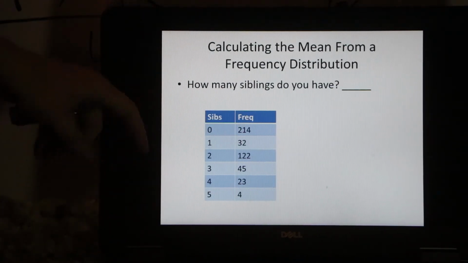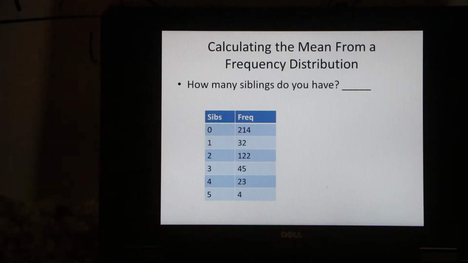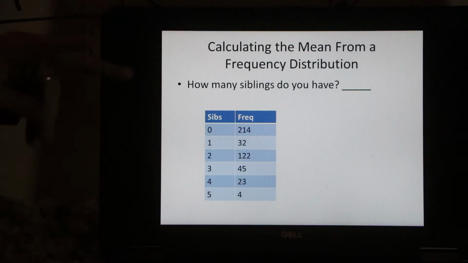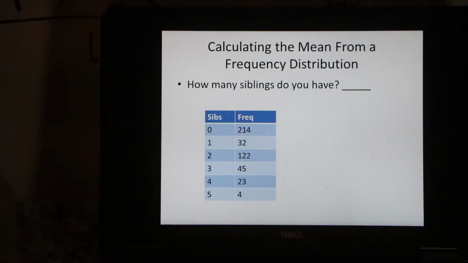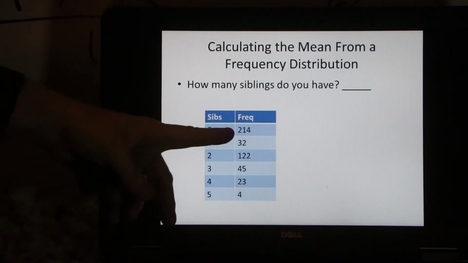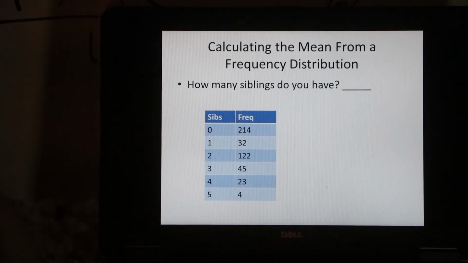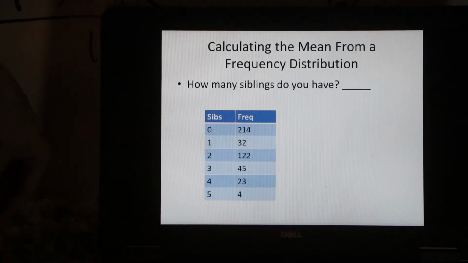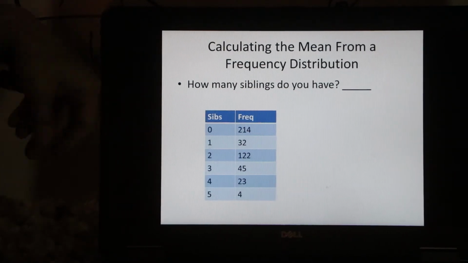This tells us that out of the total number of people, 214 who we surveyed, let's say, had no siblings at all. 32 people had 1, 122 had 2, 45 had 3, 23 had 4, 4 people had 5. You should be asking yourself, what's the modal number of siblings? And you should immediately see that it's surprisingly 0 in this case. The most common number that was given was 0.